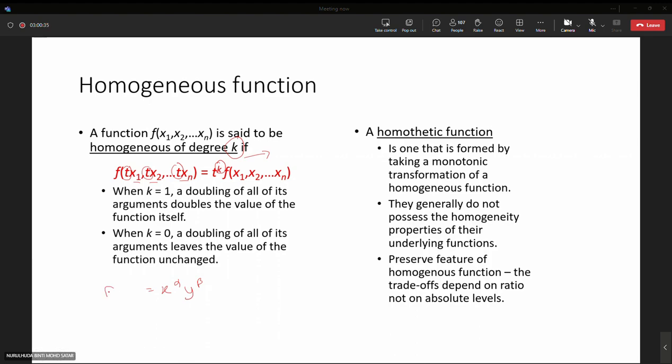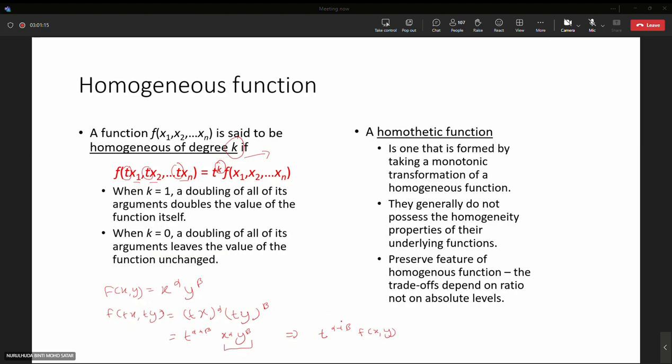So f(x,y) and f(tx,ty) is basically (tx) to the alpha times (ty) to the beta, and then that will be t to the alpha plus beta times x^alpha y^beta, and then that will be t to the alpha plus beta times f(x,y), because this is the original function.